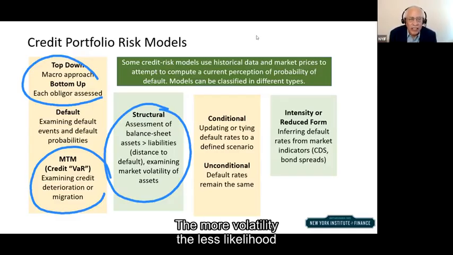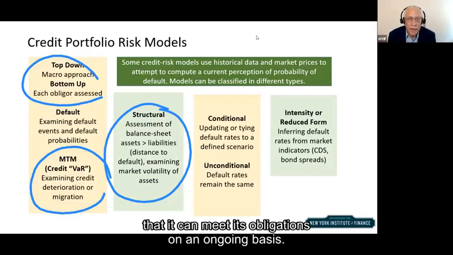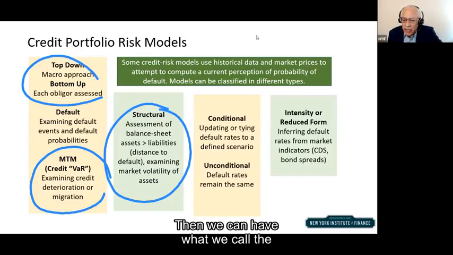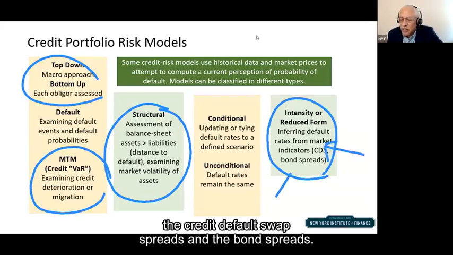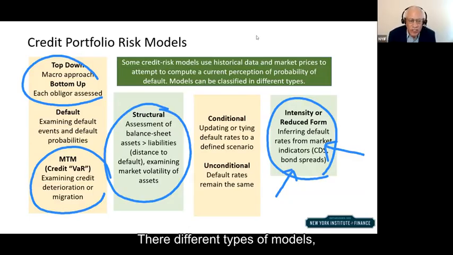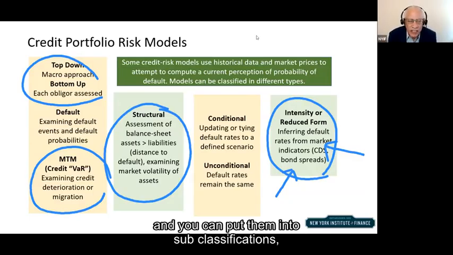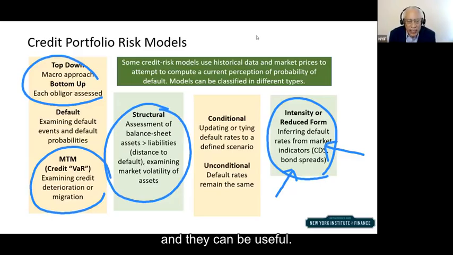More volatility, the less likelihood that it can meet its obligations on an ongoing basis. Then we can have what we call the intensity or reduced form. That's looking at what we had talked about, the credit default swap spreads and the bond spreads. So there are different types of models and we can put them in these classifications and they can be useful.